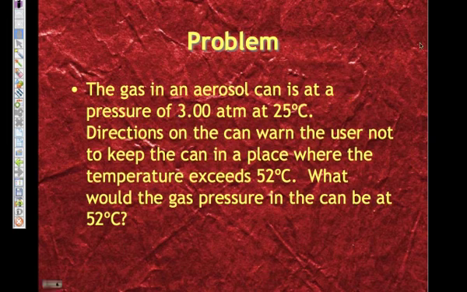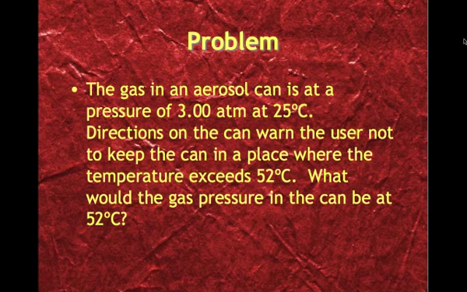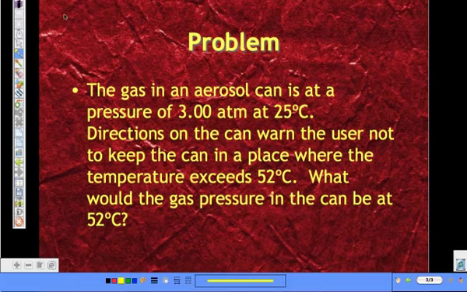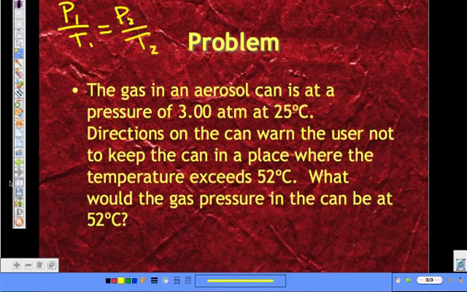So if we use that for this problem, did I skip one or is that good? Okay. So we have P1 over T1 is equal to P2 over T2. So if a gas in an aerosol can is at a pressure of 3 atm at 25 degrees Celsius, and the directions on the can warn the user not to keep the can in a place where the temperature exceeds 52 degrees Celsius, what would the gas pressure be at that temperature?